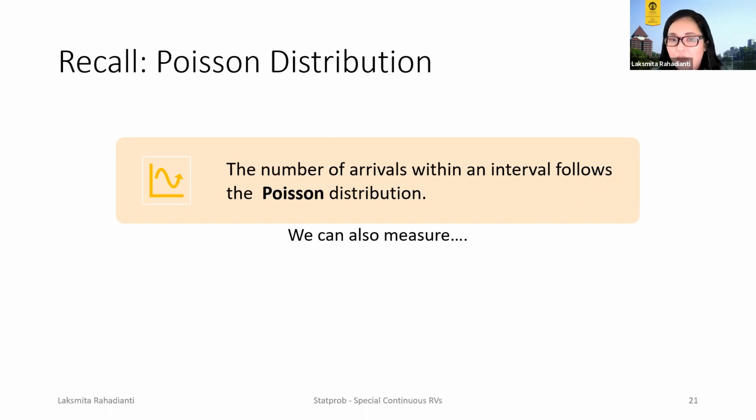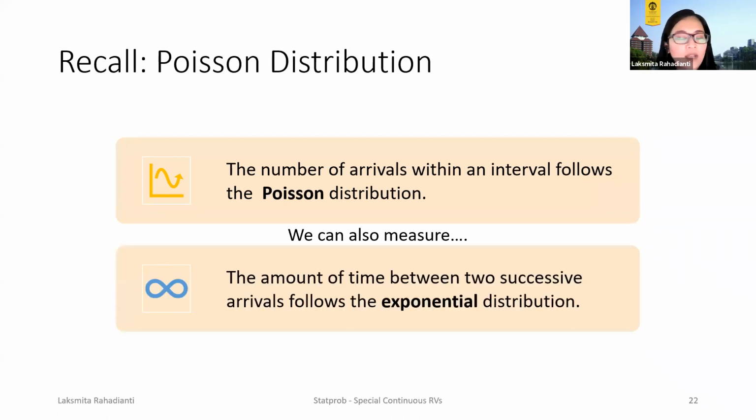In a certain interval, there are things happening at a certain rate. So now, what if I flip that same scenario, but instead of counting how many people are coming in an hour, I want to compute how much time or how much interval passes between one occurrence and the other.